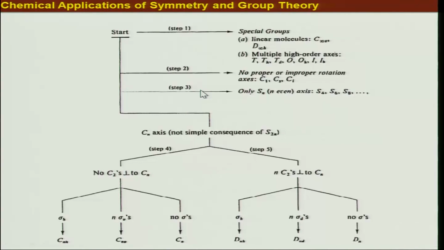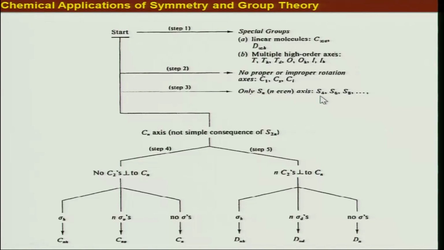The question that you ask is, do I have only an improper axis of symmetry Sn with n even? If the answer is yes, that is, I have only say S4, S6, S8, and no other elements other than identity and this, then what you have is an Sn group.